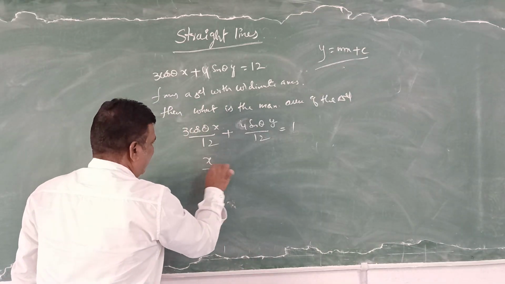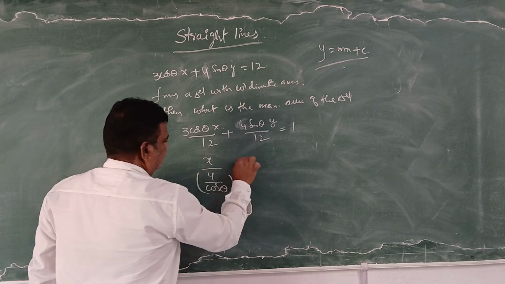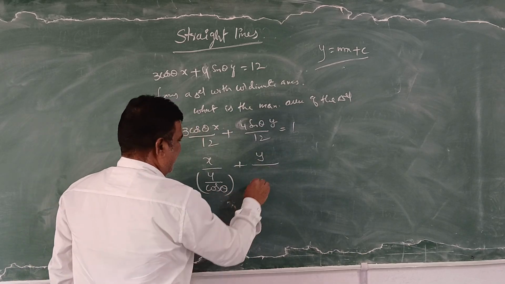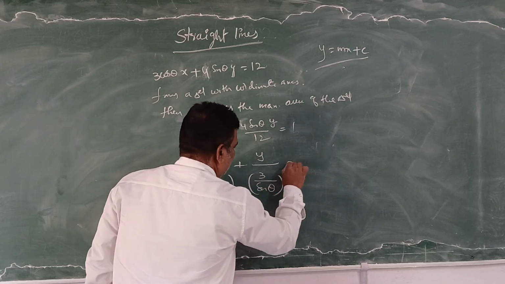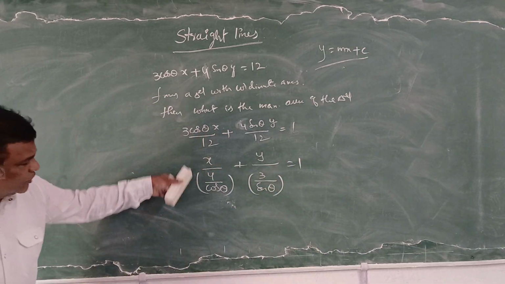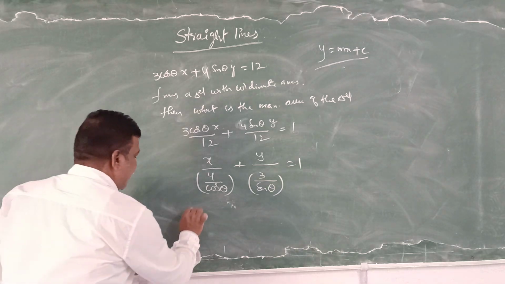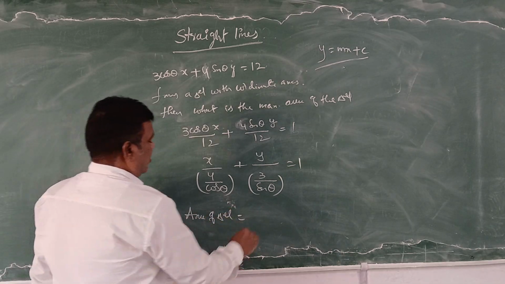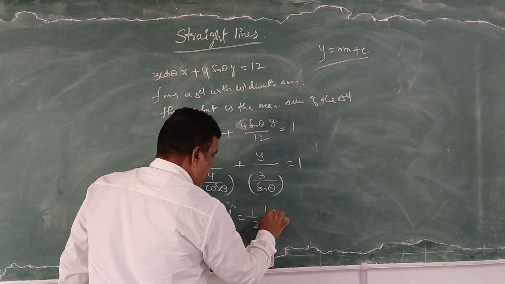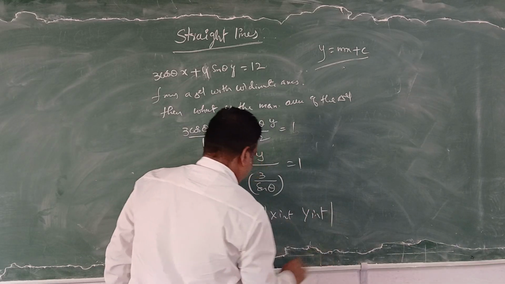And this can be x by (4 by cos theta) plus y by (3 by sin theta) is equal to 1. So x by a plus y by b equal to 1. What is area of triangle? Area of triangle is half mod x intercept into y intercept.